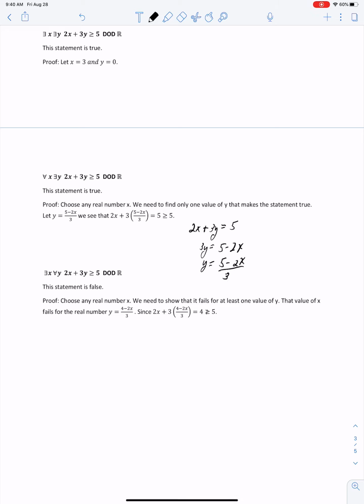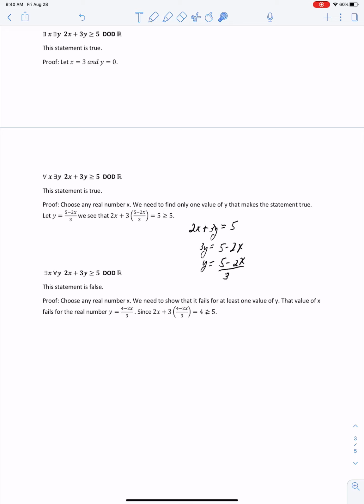So really, anytime y is bigger than this, what I want is true. But since this is equal, I could just take y to be equal to that number.